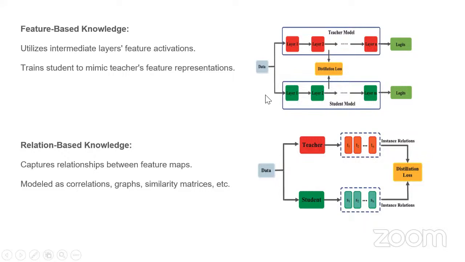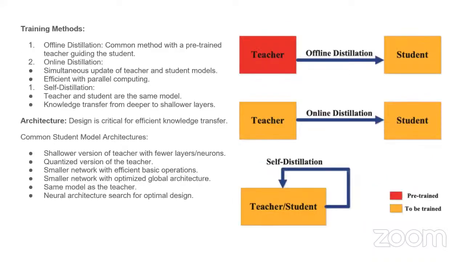Then there is relation-based knowledge. It captures the relationship between feature maps. It is modeled as correlations, graphs, similarity matrices, etc. Then there are training methods. How are we going to train it?